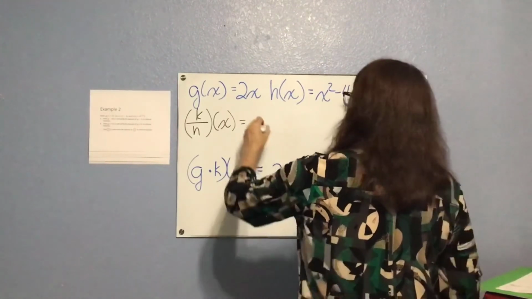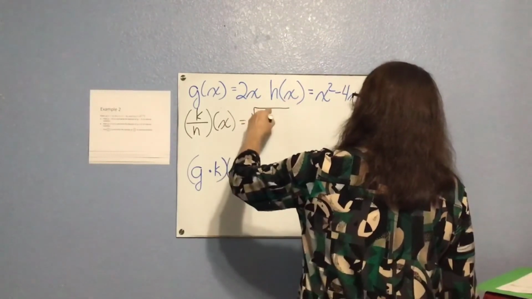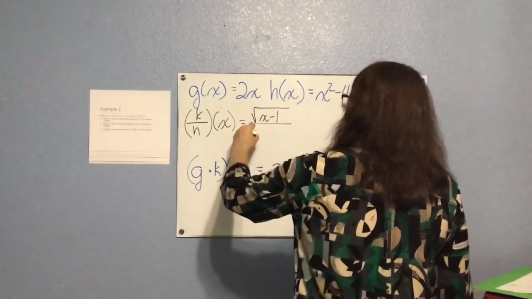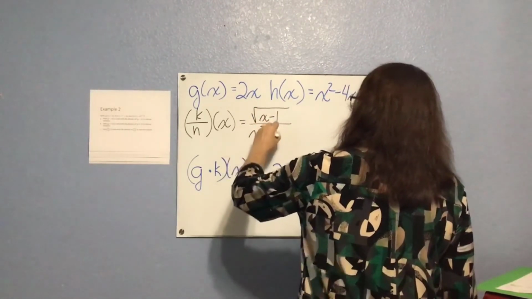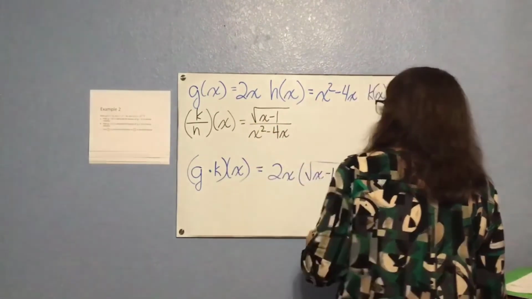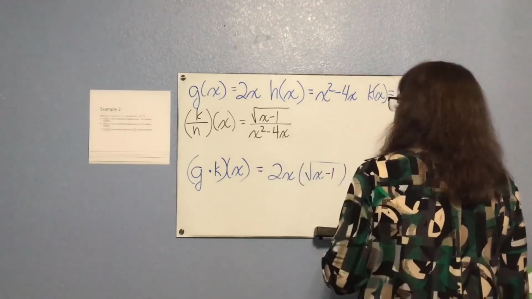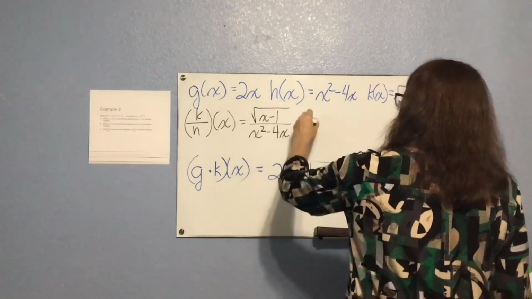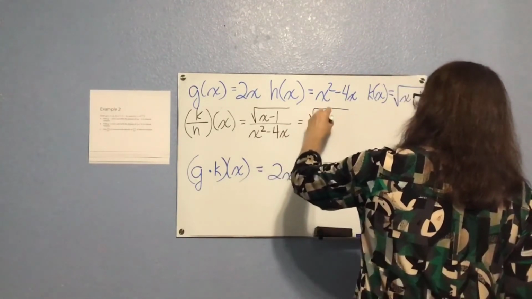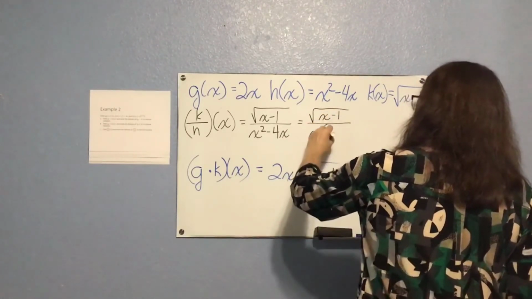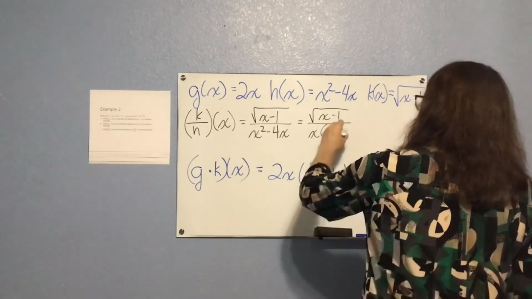The k would be the square root of x minus 1, and here I've got x squared minus 4x. I'm going to go ahead and factor this so I can figure out what values of x are going to make that 0. So I've got the square root of x minus 1 over x times x minus 4.